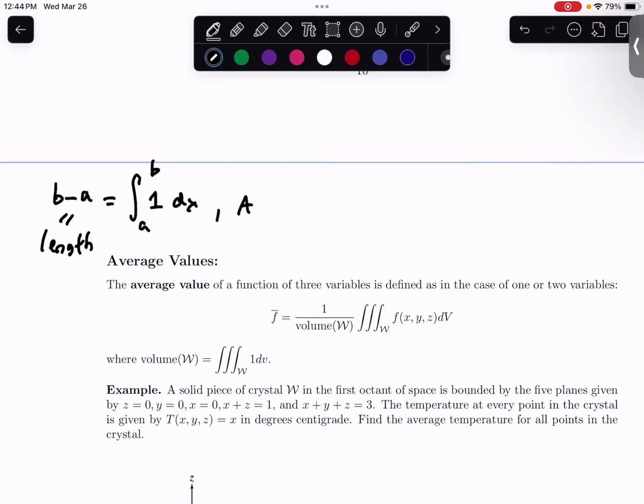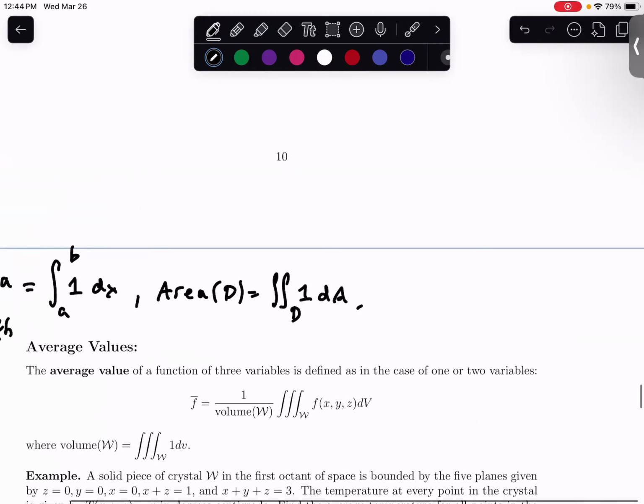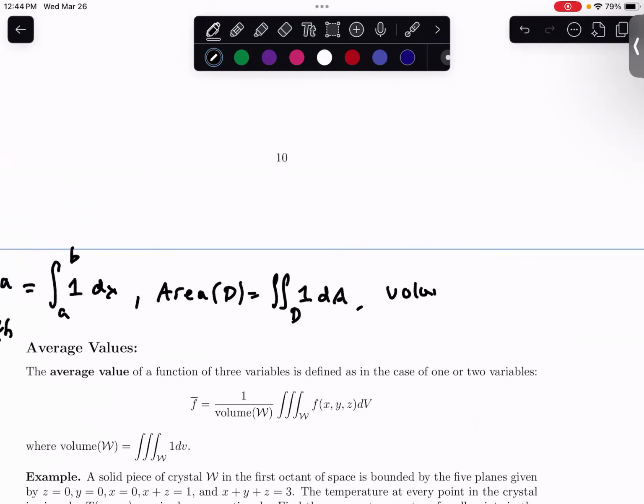We found that the area of a region D is equal to the double integral of 1 over the region D, dA. And then what also ends up holding true, if you think over a box, is that the volume of this 3-dimensional region W is going to be equal to the triple integral of 1 over W dV, right?